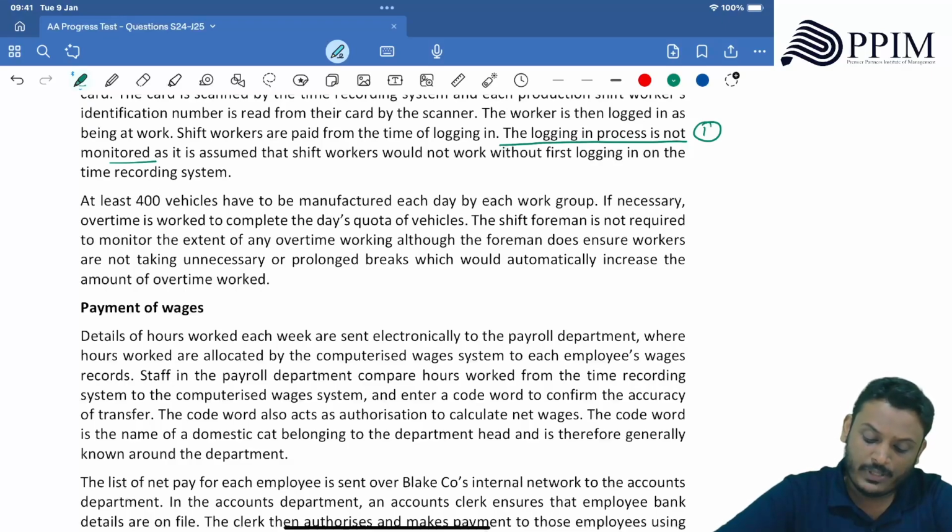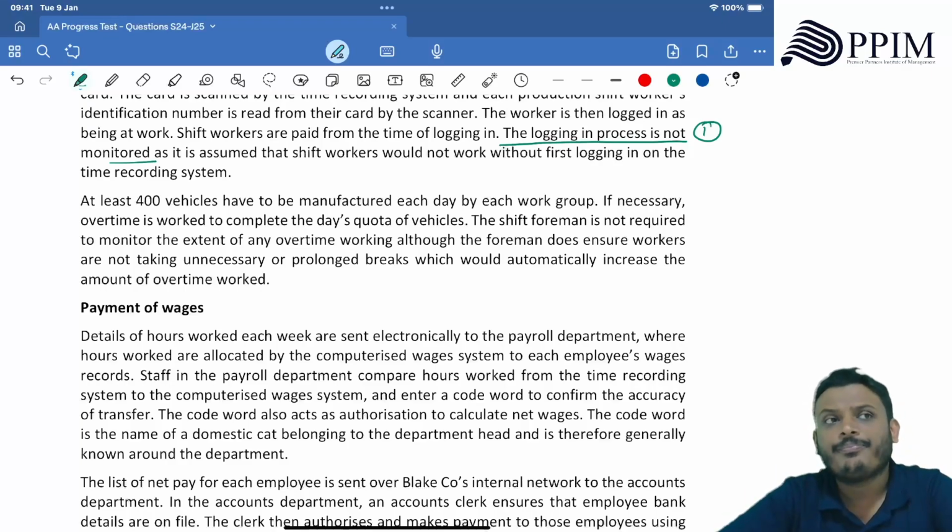The shift foreman is not required to monitor the extent of any overtime working, although the foreman does ensure workers are not taking unnecessary or prolonged breaks, which would automatically increase the amount of overtime pay. So if they take unnecessary or prolonged breaks, that automatically increases the amount of overtime work.